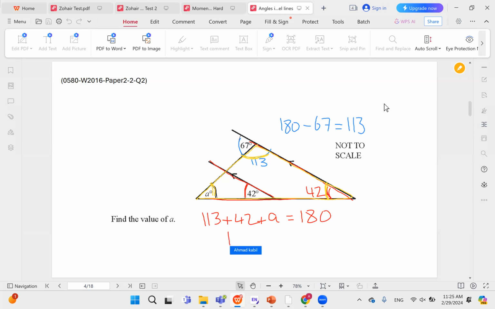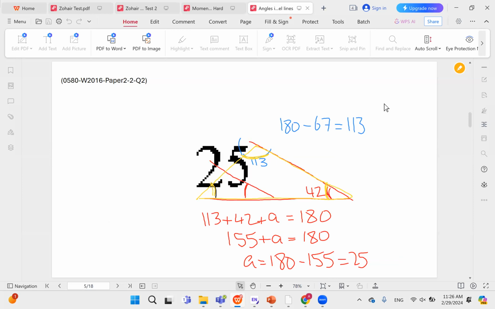So 155 plus A gives us 180. So A equals 180 minus 155, and that gives us 25 as a final answer. And 25 is the correct answer here.